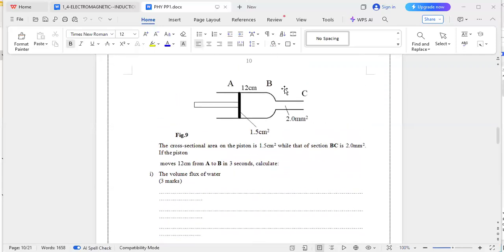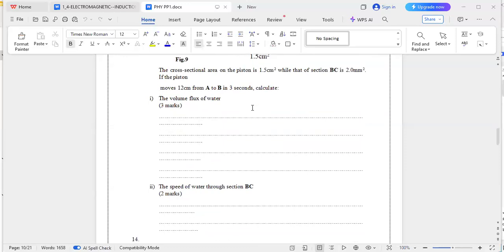The flow rate in AB equals the flow rate in BC. We already have A1V1 from Roman 1, so you will have 6.0 times 10 to the power negative 6 meters cubed per second equals A2V2.